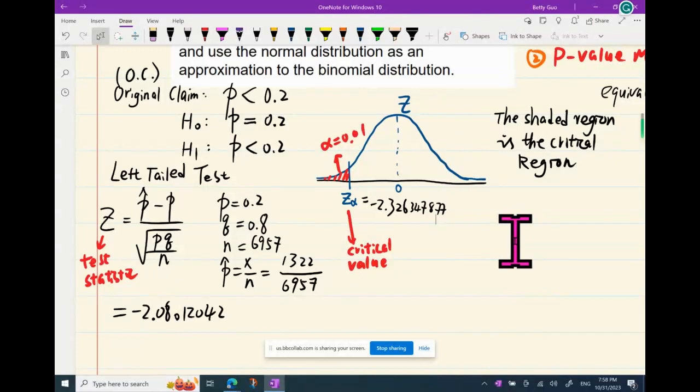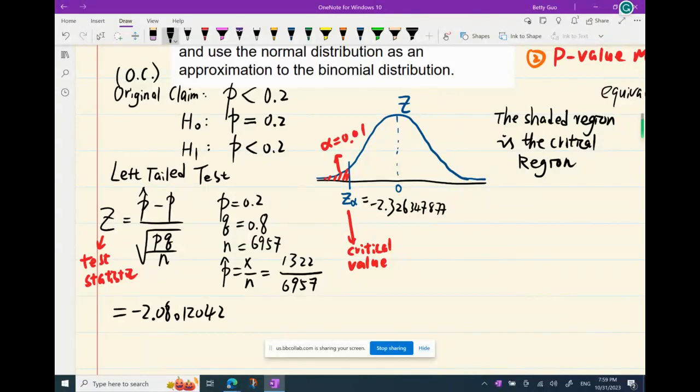Z describes the relative standing. That means the critical value is around 2.3 standard deviations below the mean, and whatever is to the left of that critical value is seen as significantly low.